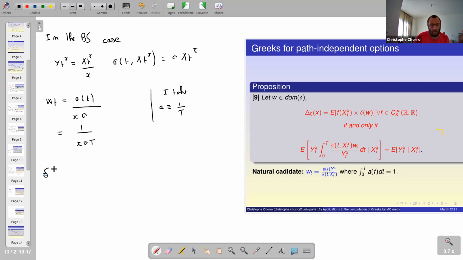And so delta of W in this situation is equal to what? By linearity, it's equal to this one.